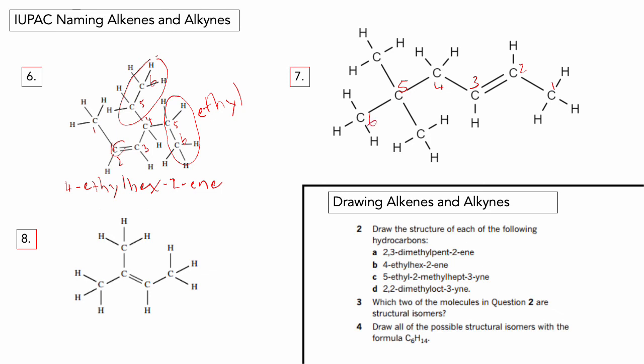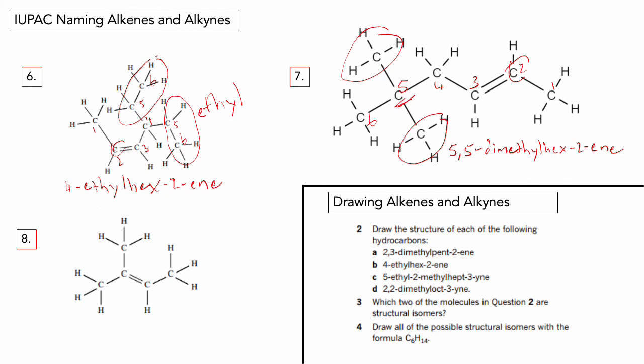Now we've got 5,5-dimethylhex, double bond starts at the second, so hex-2-ene. 5,5-dimethylhex-2-ene. So we've got two methyl groups here attached to the fifth carbon.